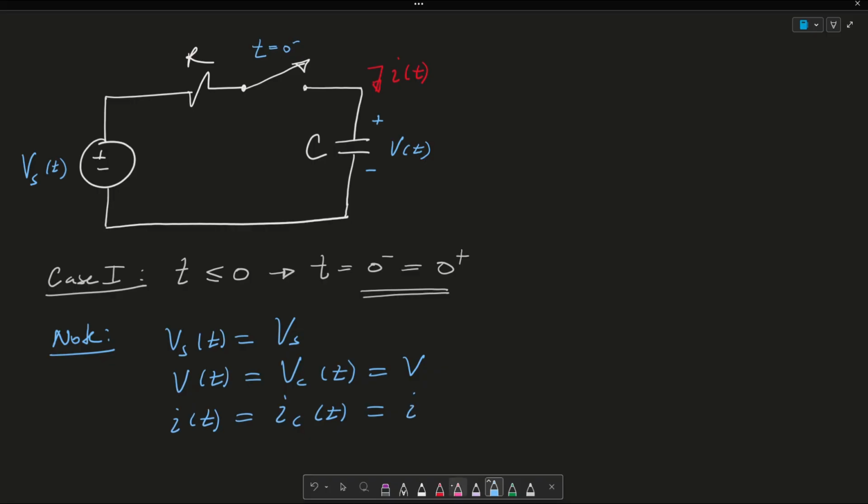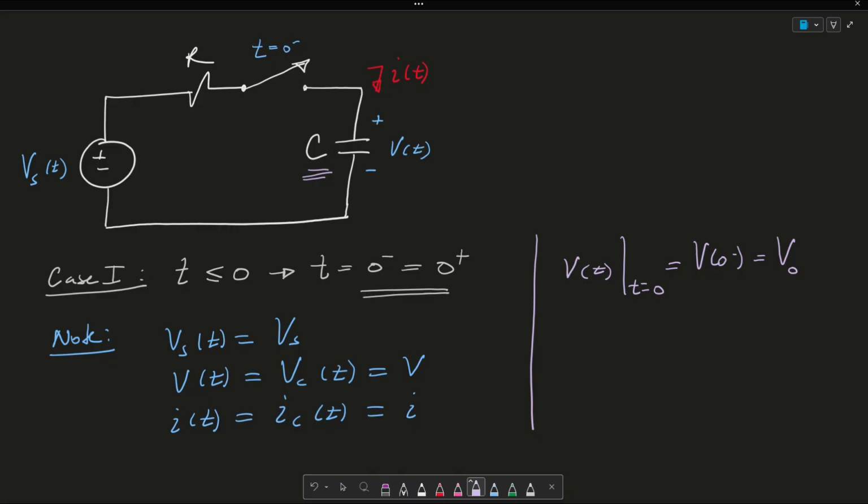So now, based on our previous learnings, we know that V, the voltage across the capacitor, V of t when t is equal to 0, is basically V of 0 minus, which is also just V of 0. So it's just going to be the initial voltage at my capacitor when the switch is open.